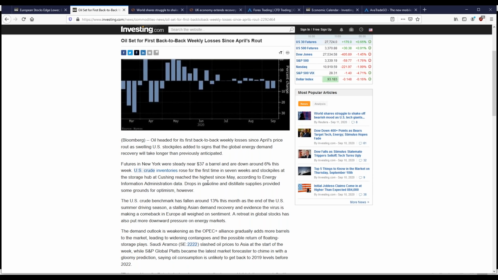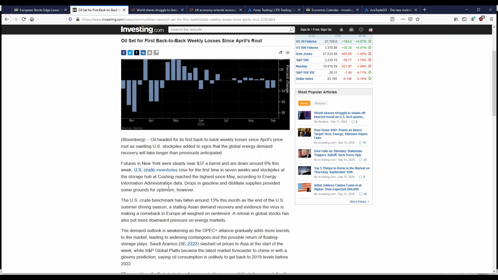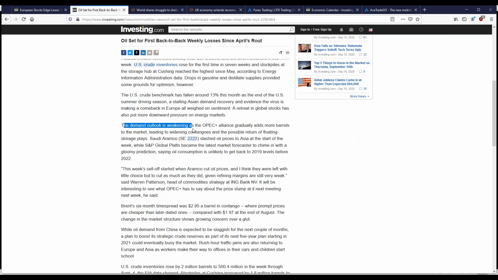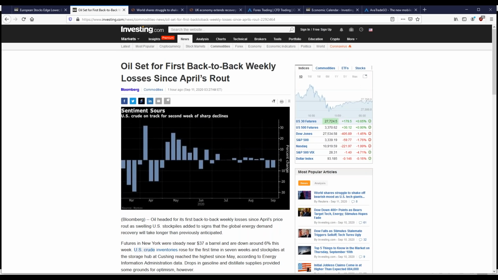So besides oversupply building up, also just fear drove the price back down. Okay, so that's what we see in this article, that the demand outlook is weakening and OPEC nations gradually increase the number of barrels. It says right there. So that's what's driving the oil price down.